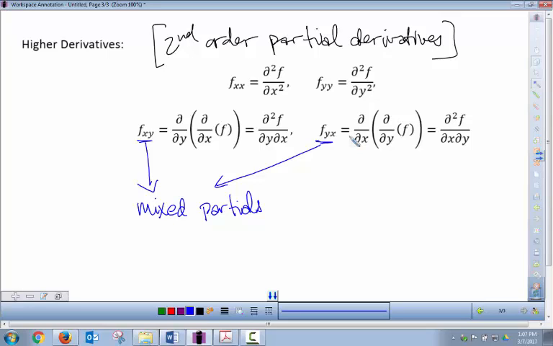Sometimes they might ask you for the mixed partial derivatives, and then you would do the second order partial derivatives, one variable first and the other variable second. All right?